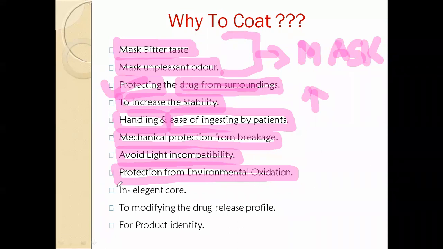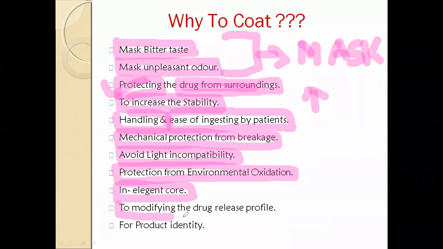Then one of the important points why we go for coating is to have an elegant look. When you see certain types of tablets which are coated, mainly sugar coated, they are very glossy and shiny in nature, which gives an elegant look to the product.